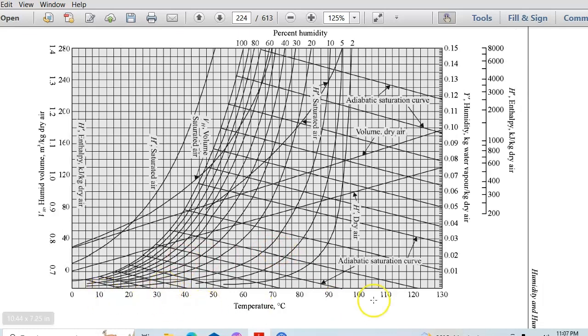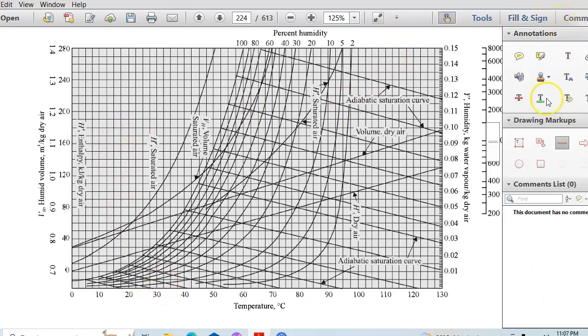On the x-axis there is temperature. Mark 32.5 degrees Celsius on the x-axis: 32.5, 35, 37.5, 40. Then we have the wet bulb temperature 32.5 degrees Celsius.